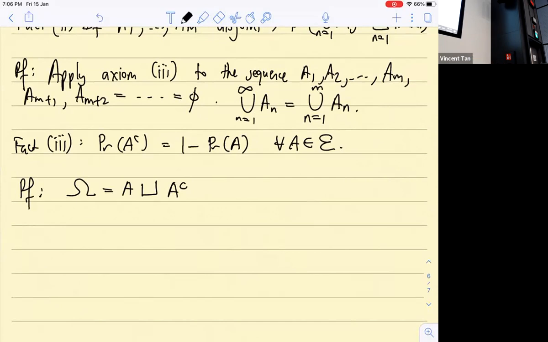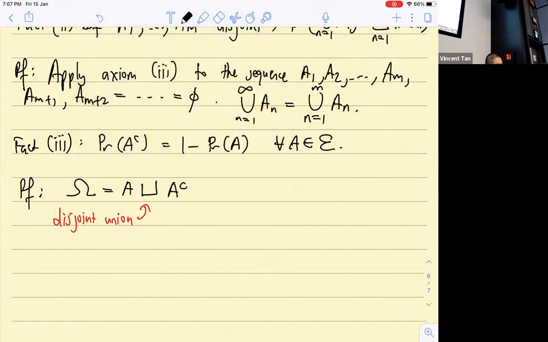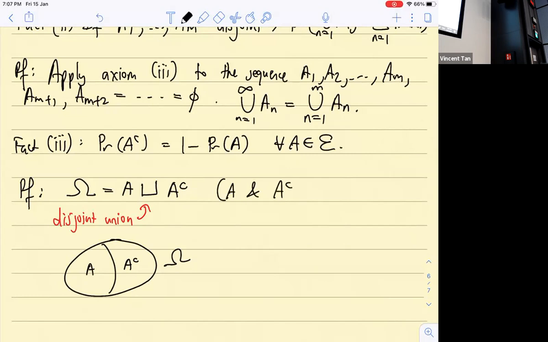This notation you may or may not want to use, you don't need to know, but my professor last time used it to denote disjoint union. The fact here is that omega can be split up into two parts, A and A complement. A and A complement are disjoint.